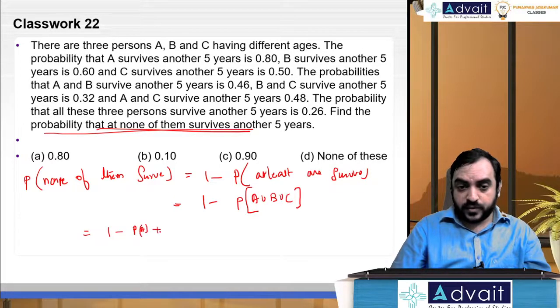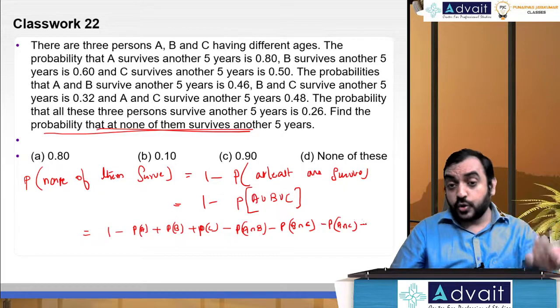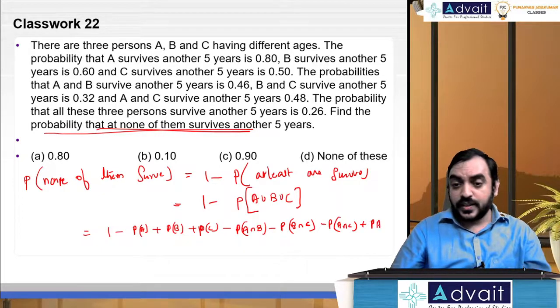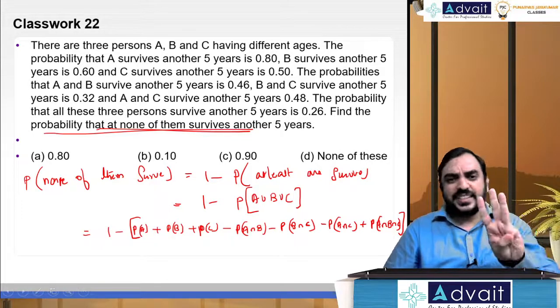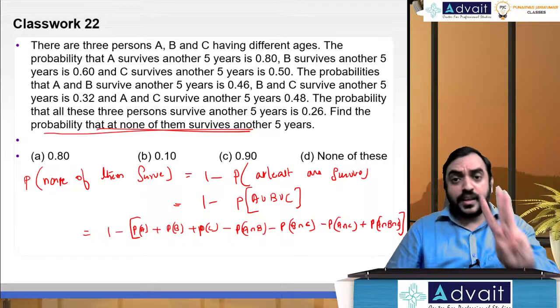Probability of A plus probability of B plus probability of C, minus probability of A intersection B, minus probability of B intersection C, minus probability of A intersection C, then plus the common intersection, A intersection B intersection C. This is the formula for three sets. Two sets they can ask, three sets they can ask. They will not ask four sets in exams, don't worry. So the two-set formula I should know, the three-set formula I should know.